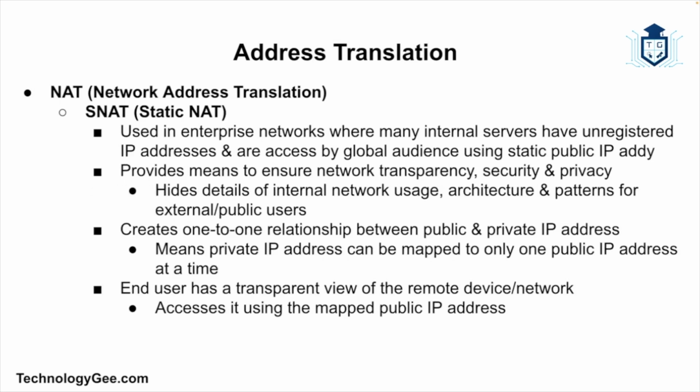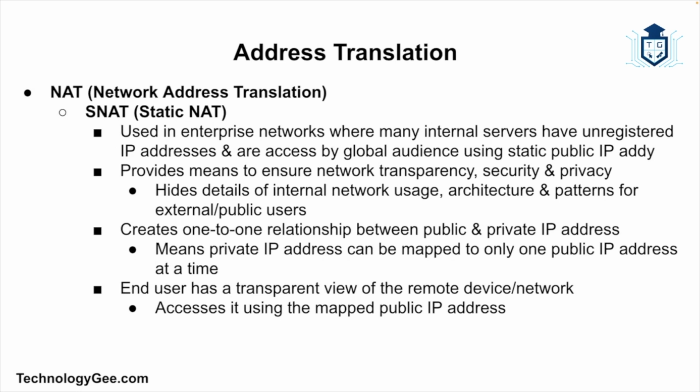Next we have SNAT, or static network address translation. This is primarily used in enterprise networks where many internal servers have unregistered IP addresses and are accessed by a global audience using static public IP addresses. It provides a means to ensure network transparency, security, and privacy by hiding the details of internal network usage, architecture, and patterns from external or public users.